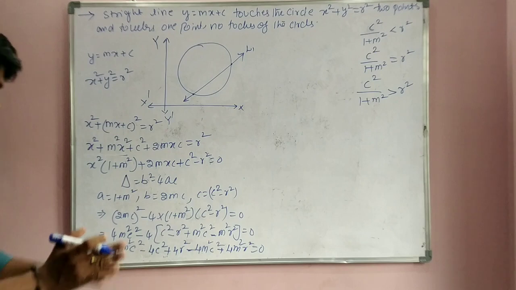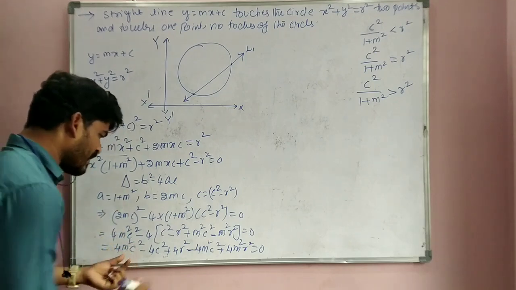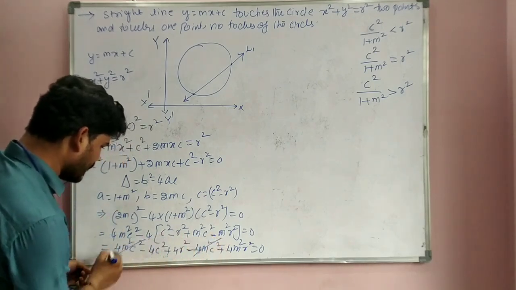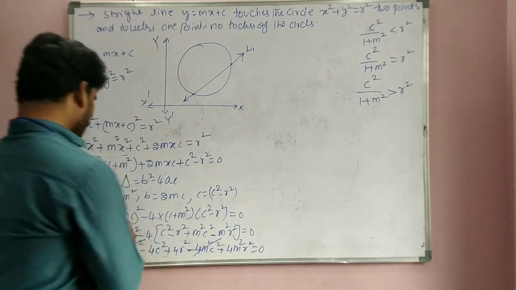Here the 4m square c square terms, both are cancelled. Right.